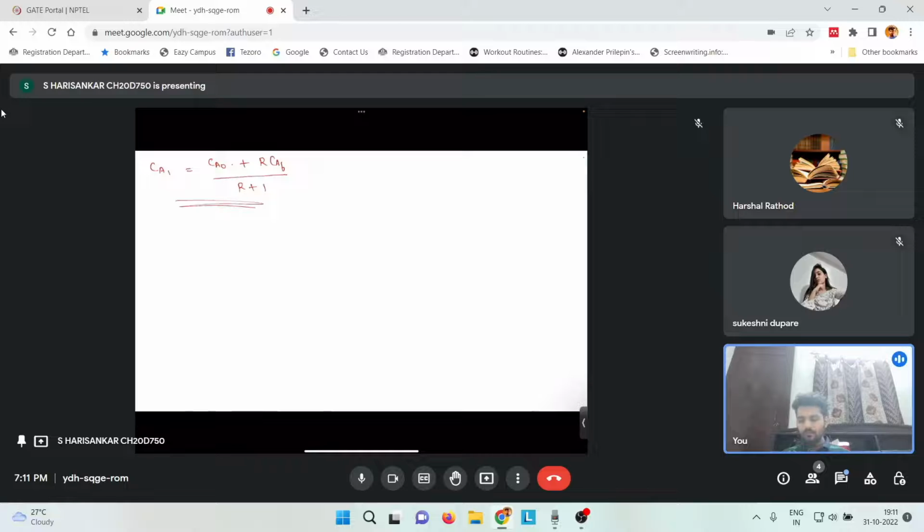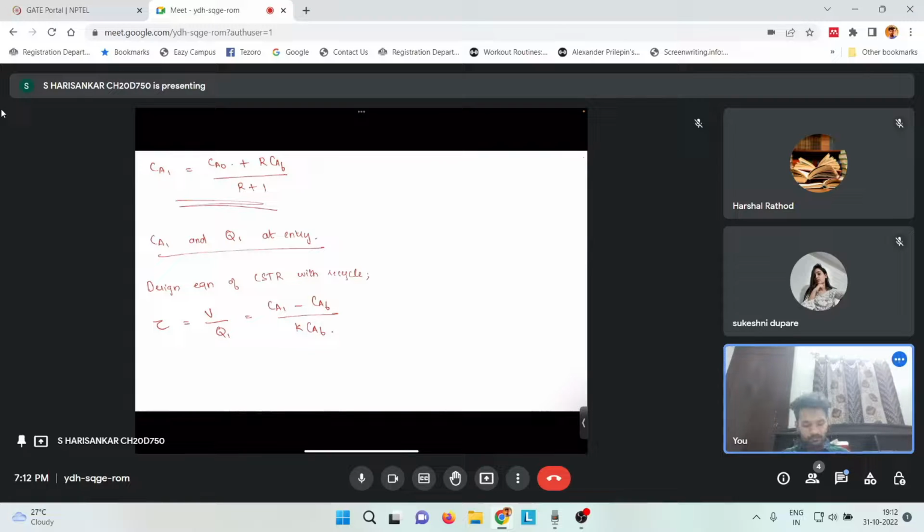Okay. So now we have the concentration CA1 and the flow rate Q1 at the entry point, right? So we'll come back again to the design equation of CSTR with recycle. So that design equation was basically tau is equal to V by Q1 is equal to CA1 minus CAF by KCAF, right?